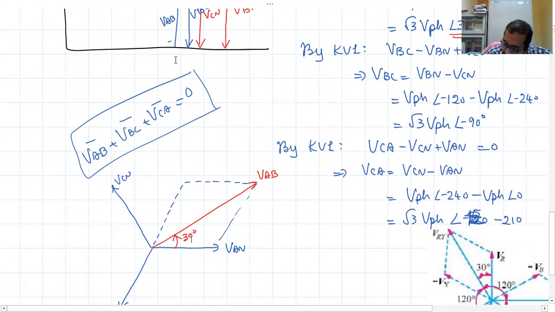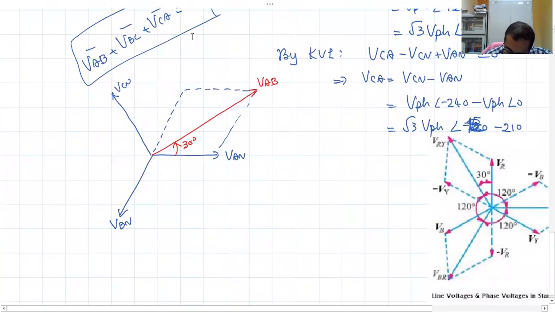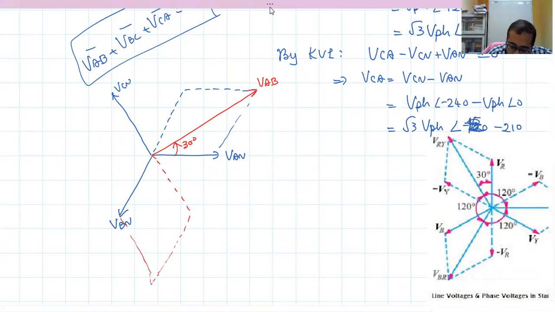Similarly, what is VBC? VBN minus VCN. Parallelogram law, so your VBC will be something like this.